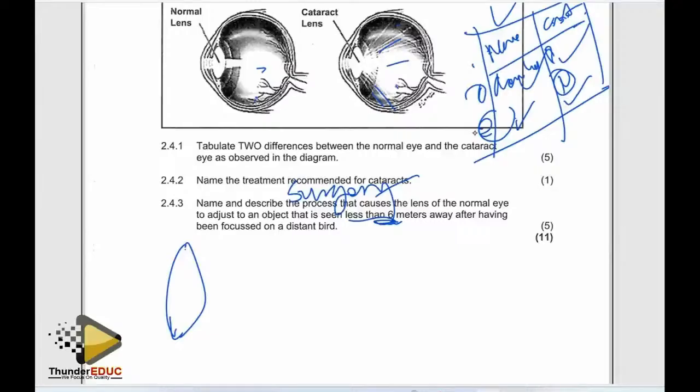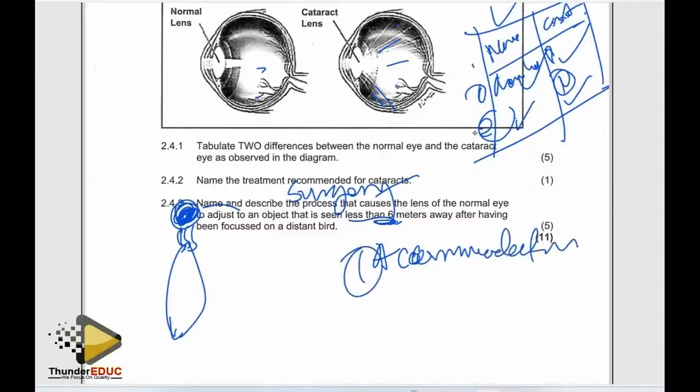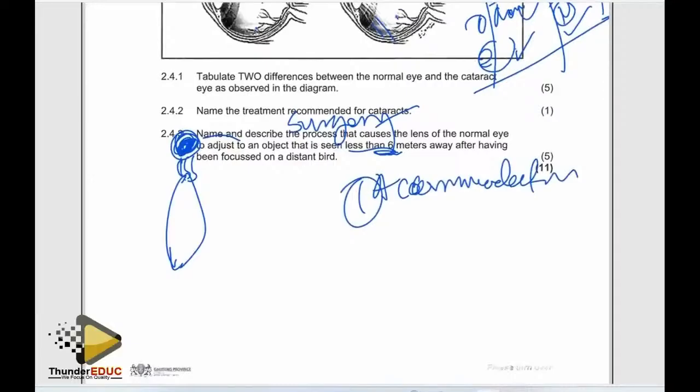For the nearby object, the lens is supposed to be thick, and if the lens is thick, then automatically the suspensory ligament must slacken, and the ciliary muscles must contract. So in this case, you are describing the nearby object, but they said name: accommodation. Then now you describe. We give you a mark there.